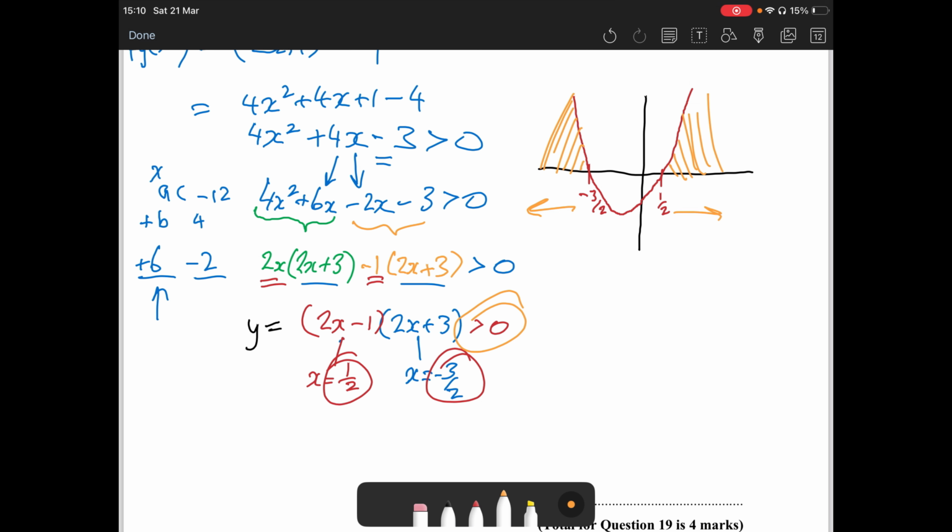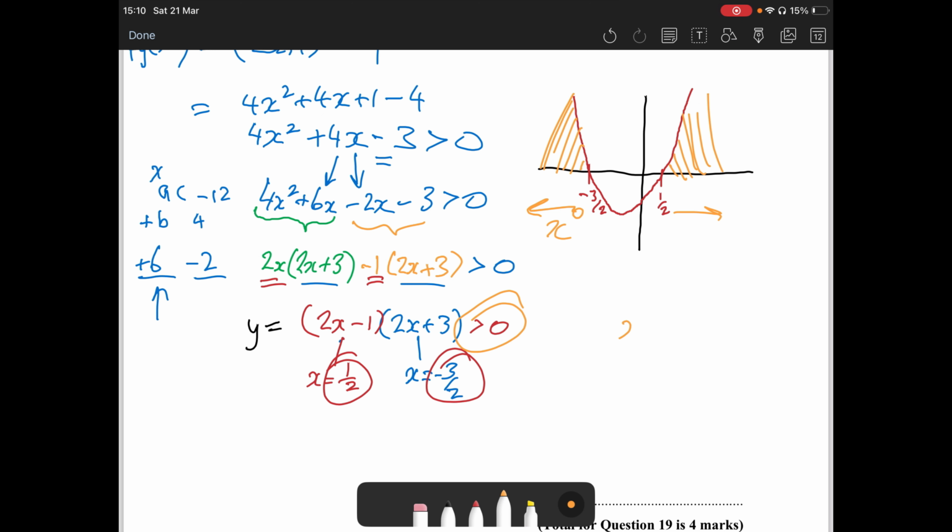And all of these values are bigger than a half for x. This is an inequality. We only have to involve x here. No y is allowed at this point. This graph is over the x-axis, meaning it's greater than 0 when x is less than minus 3 halves. It can't be minus 3 halves exactly, because then it'd be equal to 0. We want it to be bigger than.